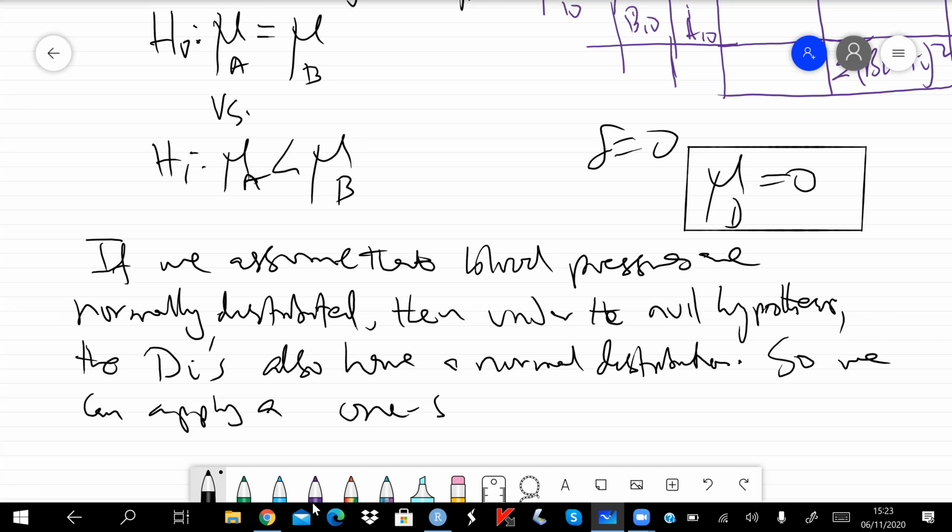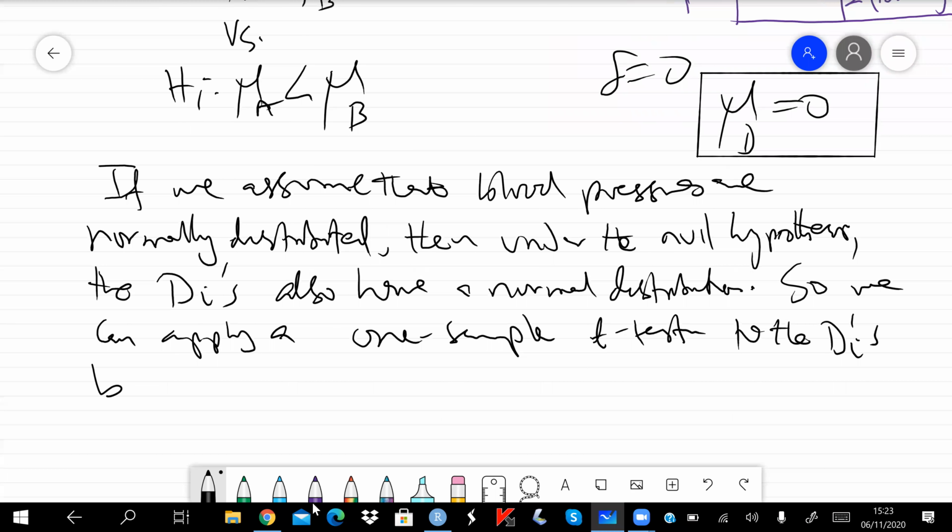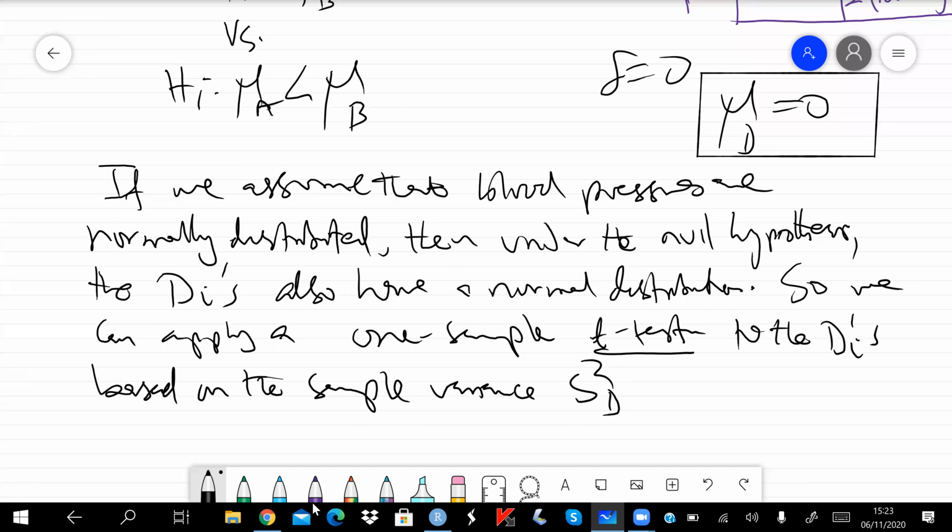So we can apply a one sample t-test to the DIs, based on the sample variance S squared of D. We're using a t-test because the population variance or standard deviation is not known, but from the information given it is easy to get the sample variance of the differences.